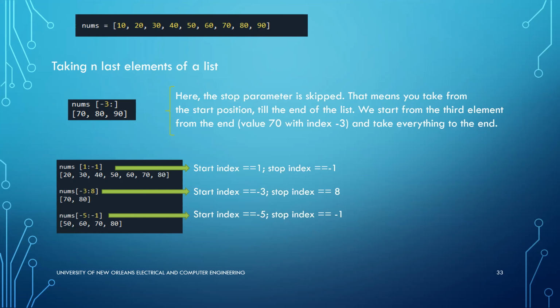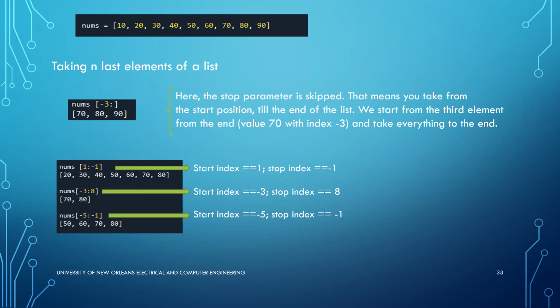If you look at this command here, nums[-3:], nothing after that, then what we're saying is that we're looking at the third element from the end. So this is the first one, this is the second one, this is the third one. So it's the third element from the end on.